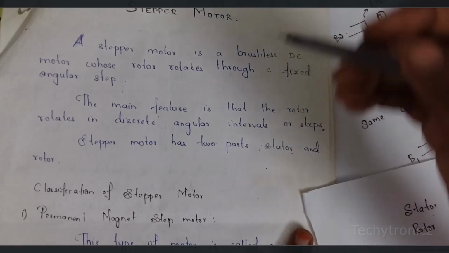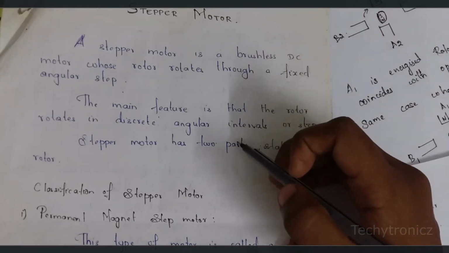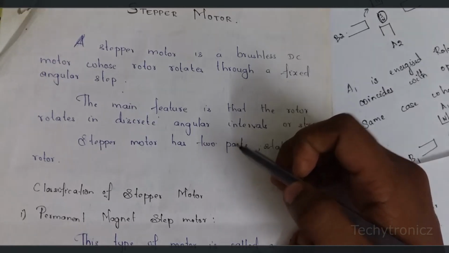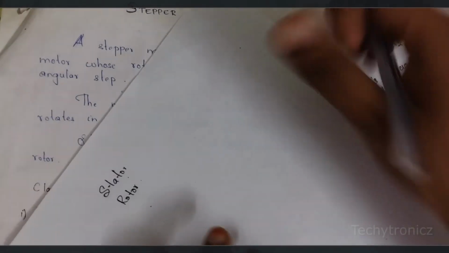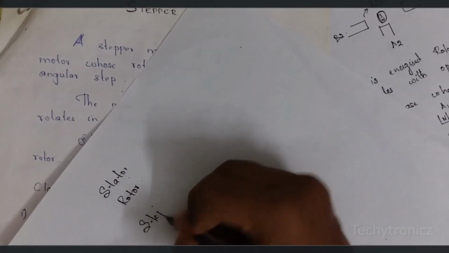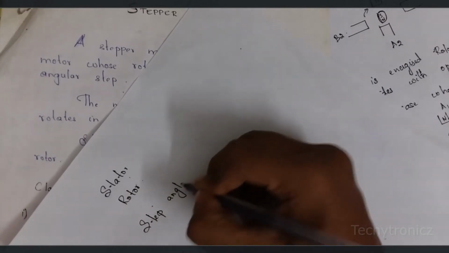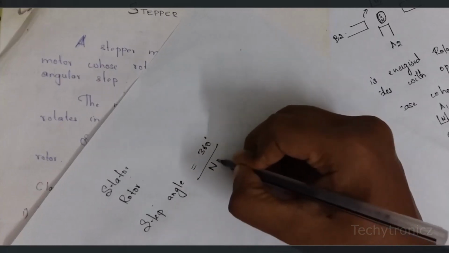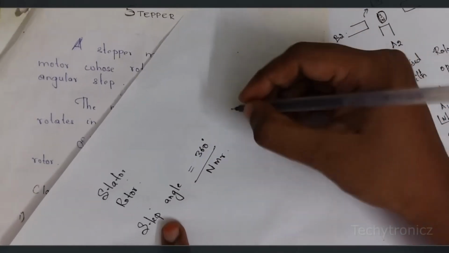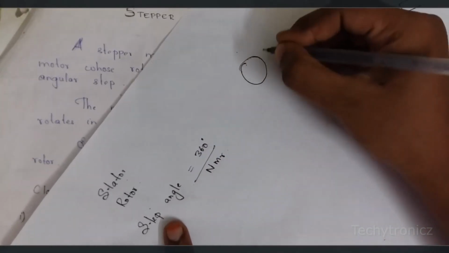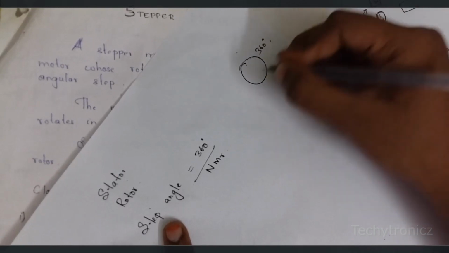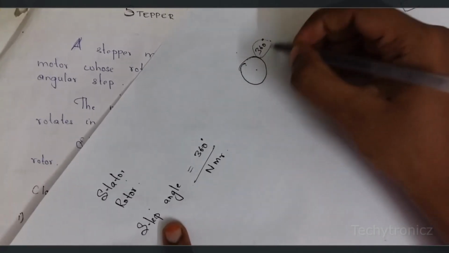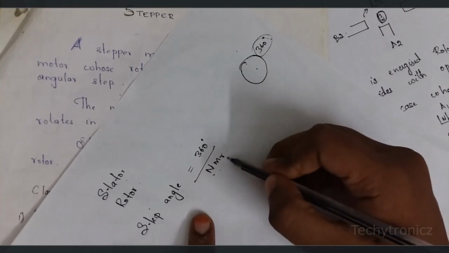How do we calculate the step angle for the stepper motor? The formula for step angle is 360 degree divided by N·MR. Normally a circle has 360 degrees, so here in the motor we have 360 degree divided by N·MR.